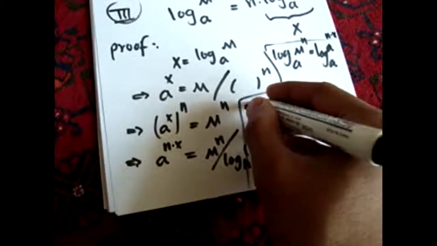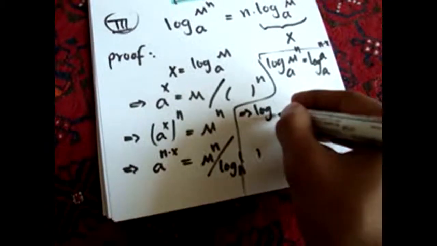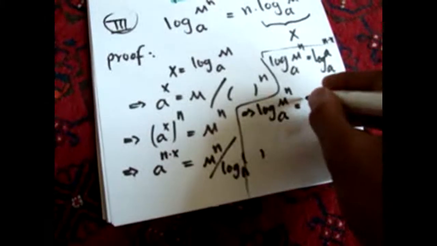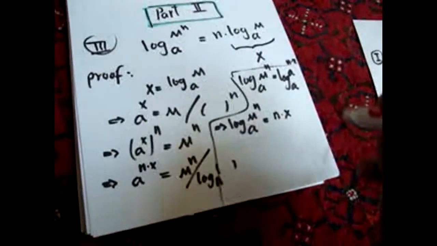So we're gonna simplify this. Logarithm base a of m to the power of n equals n times x. So what was the value of x?